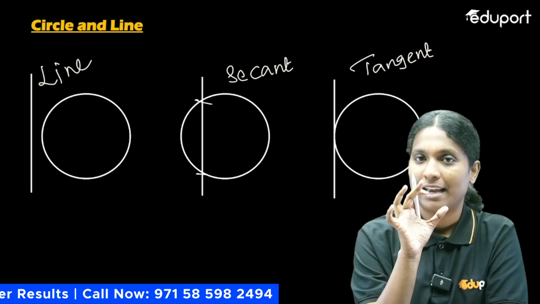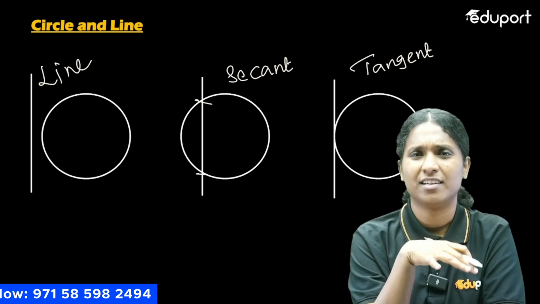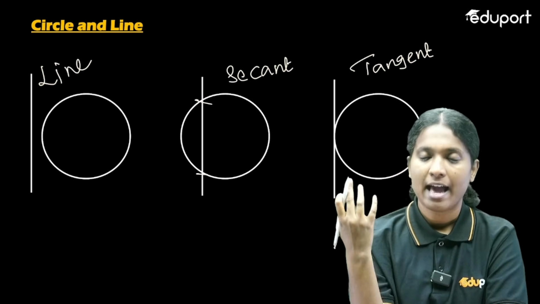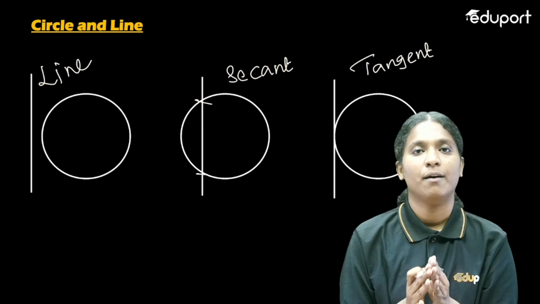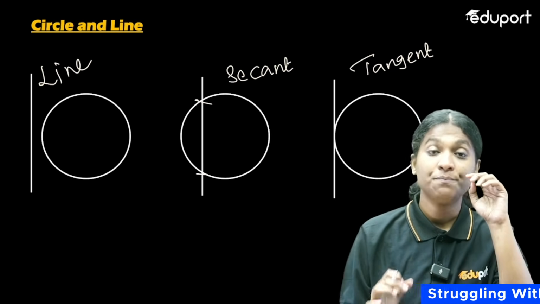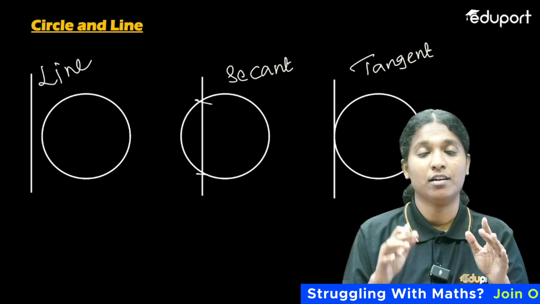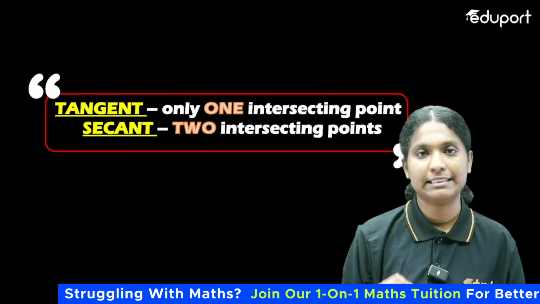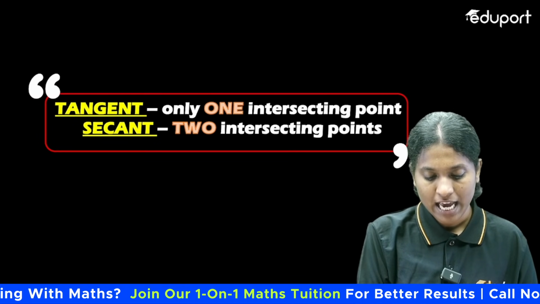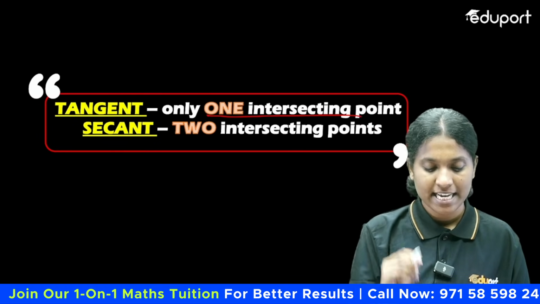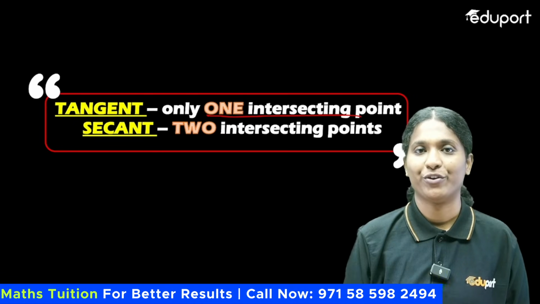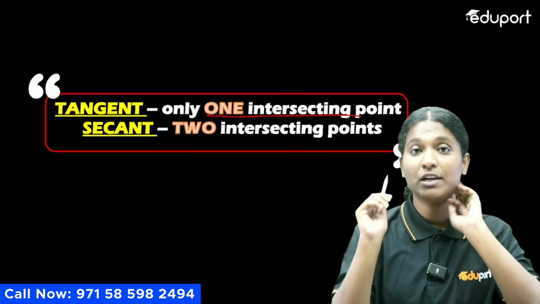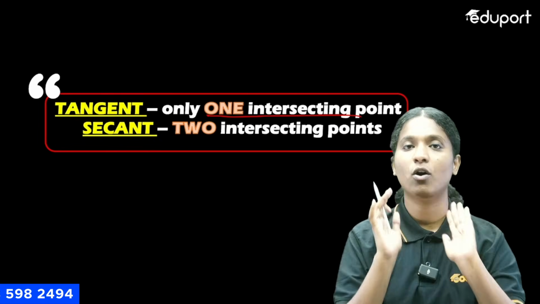A simple line doesn't have anything to do with the circle, a secant intersects two times, and a tangent touches the circle at only one point. Tangent: only one intersecting point. Secant: two intersecting points.